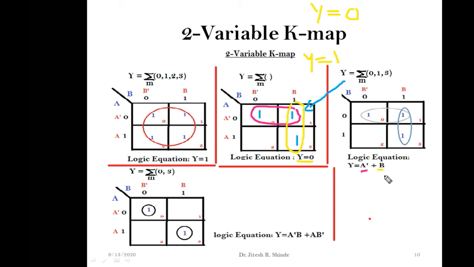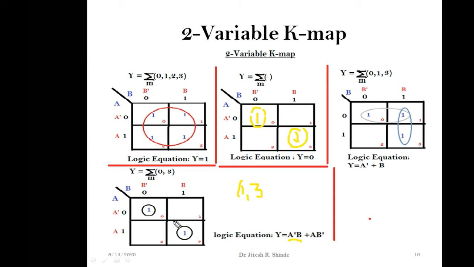Similarly, the next example is y is equal to summation m of 0 and 3. That is, for input combinations 0 and 3, output y is equal to 1. So 0 and 3 placement has been done, means 1, 1. So what is coming here row wise? A bar, column wise B bar. So the expression here is A bar B bar. For this one, what will you be getting?